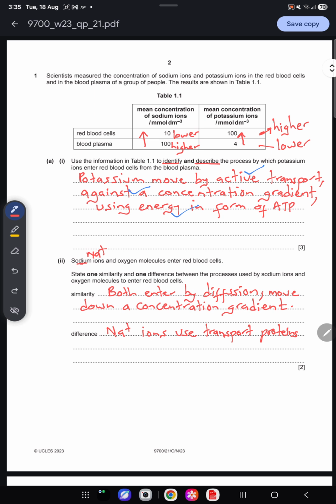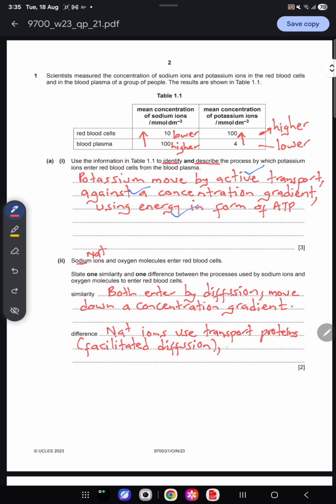Transport proteins can include channel proteins or carrier proteins, and we call that they use facilitated diffusion, because they are going to be moving from the region of higher concentration to the region of lower concentration, but using proteins, whereas oxygen molecules use simple diffusion.